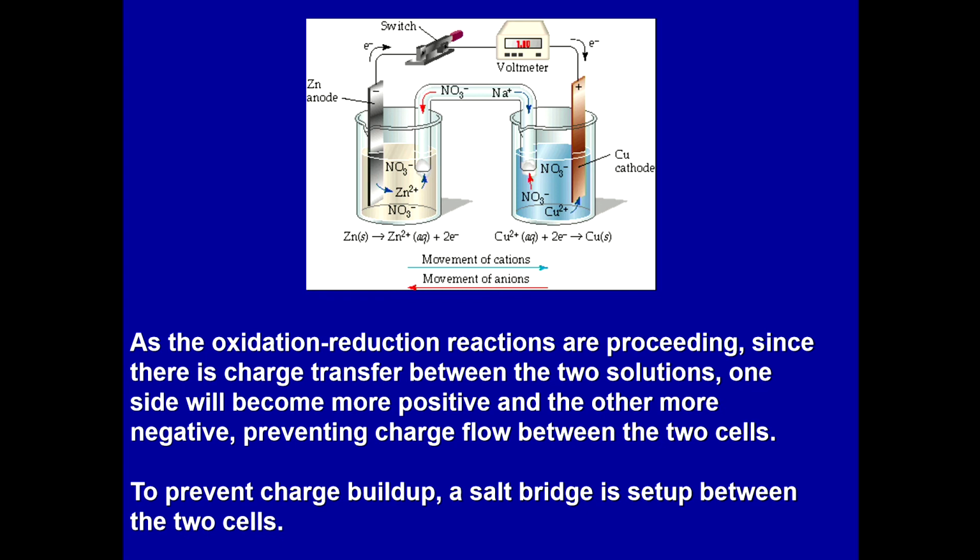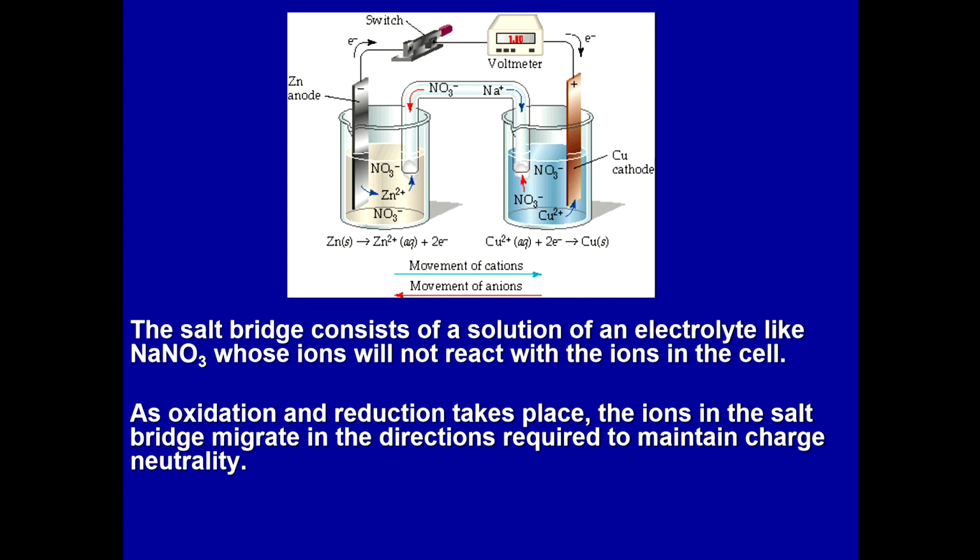Through the salt bridge, the cations can move from left to right, and the anions will move from right to left, and then the charges are balanced to make the solution neutral. Basically, the salt bridge contains a solution of an electrolyte like sodium nitrate, which will not react with the ions in the cells.